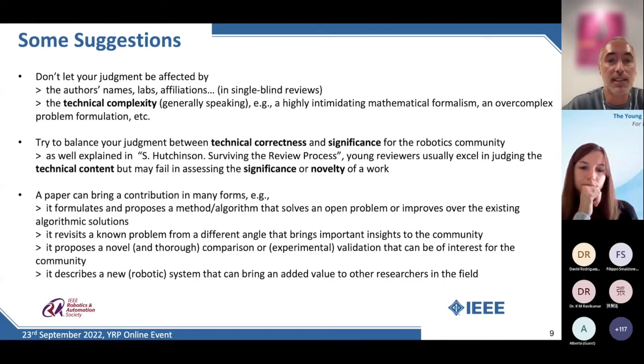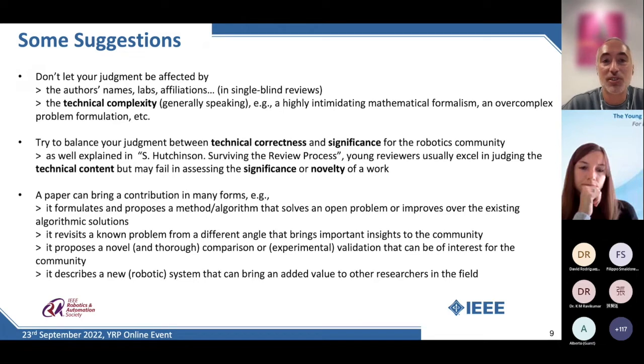And also another point that I see, especially in young reviewers, which is again normal because it's just a matter of lack of experience: you shouldn't be scared or affected by the technical complexity of the paper. Sometimes we get papers which have a highly intimidating mathematical formalism or another complex problem formulation. The authors are trying to impress you with super complex maths in the paper.